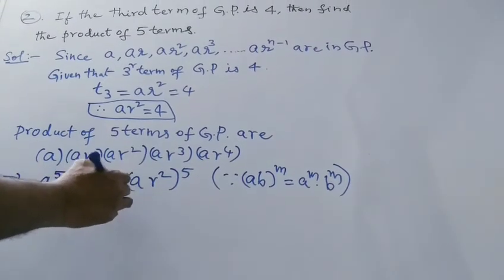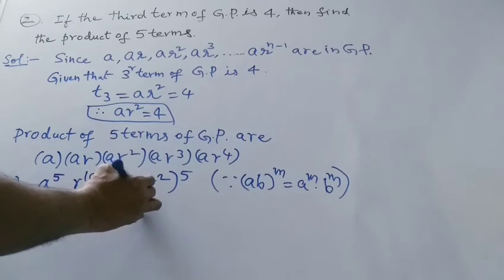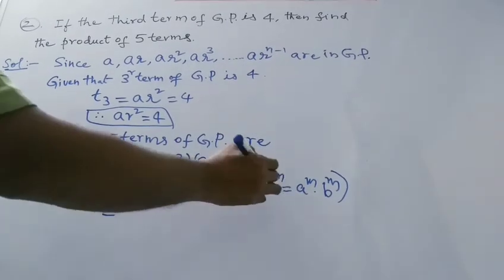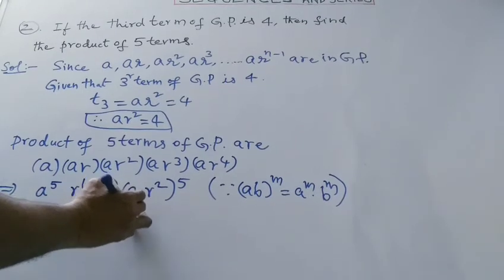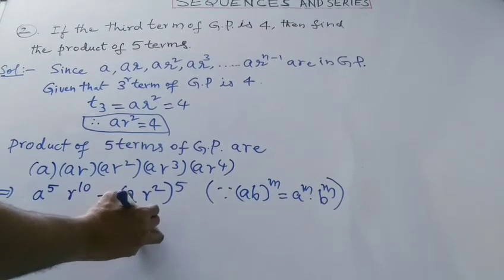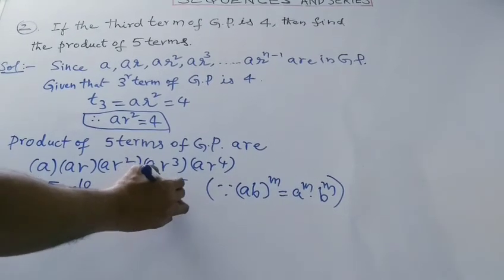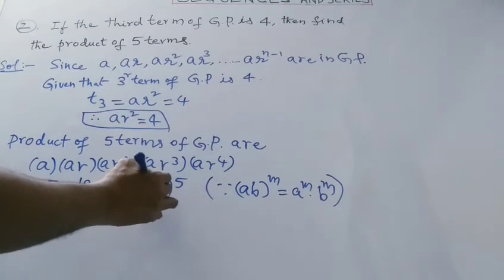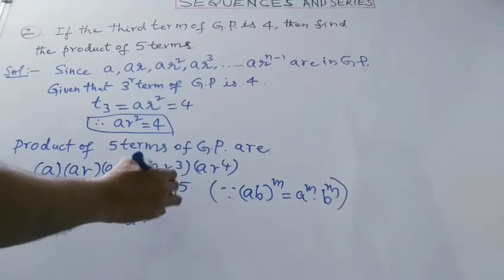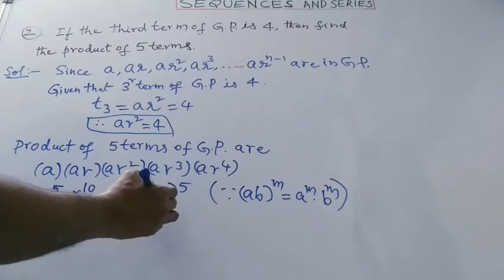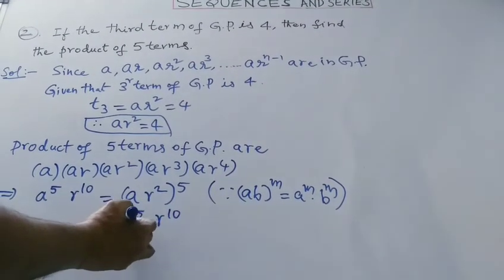So it becomes A to the power of 5 into R square whole to the power of 5. Here, A to the power of m into n becomes A to the power of mn. That means here R to the power of 10.